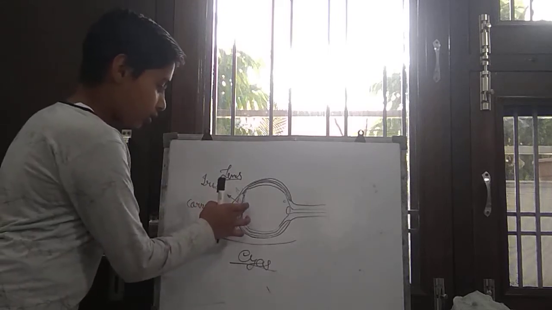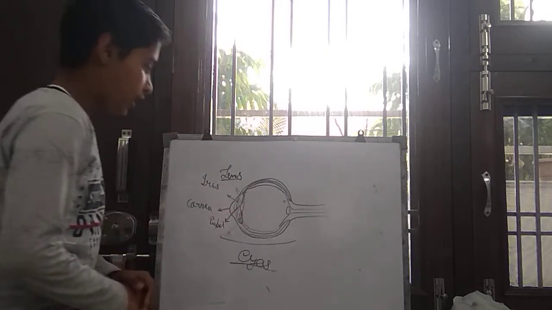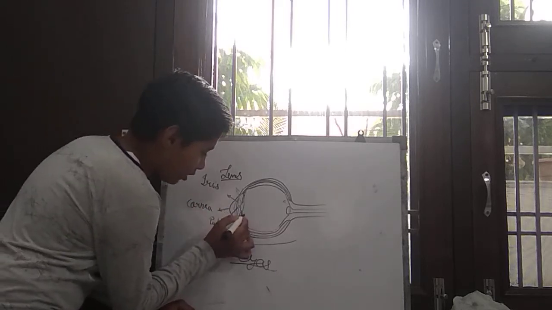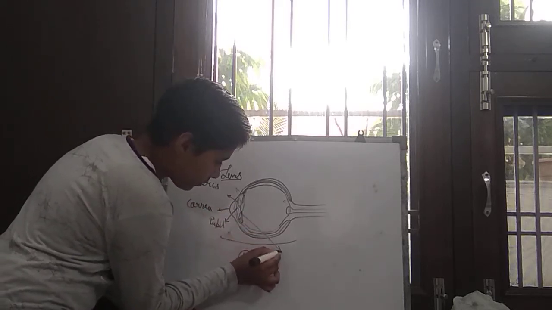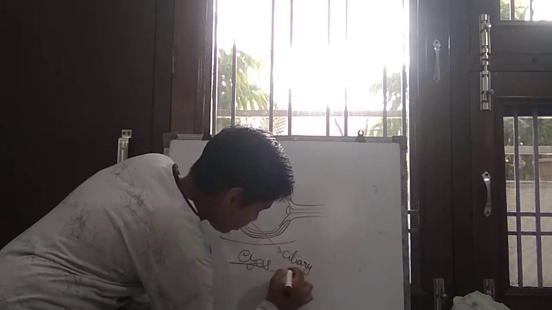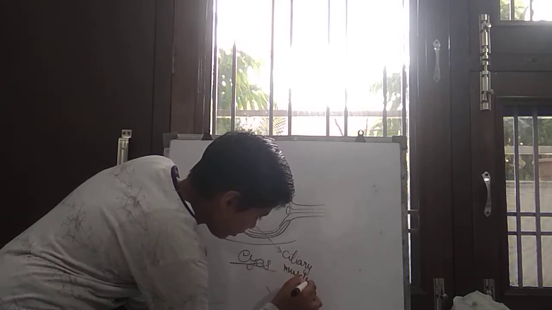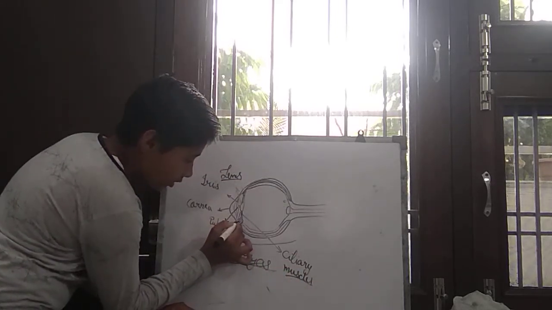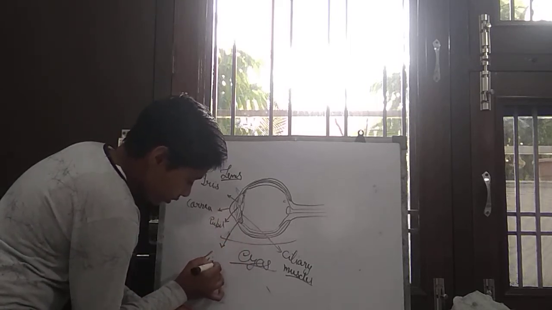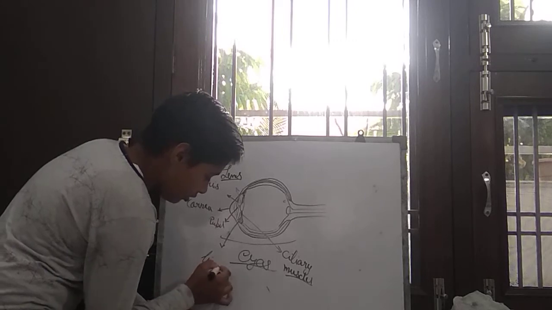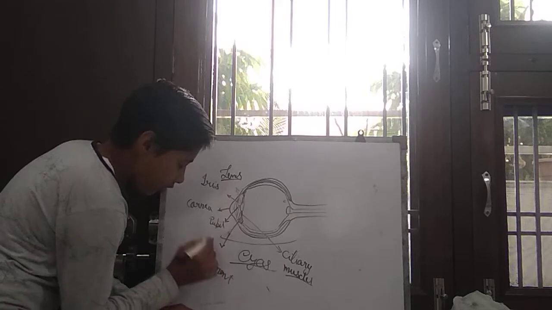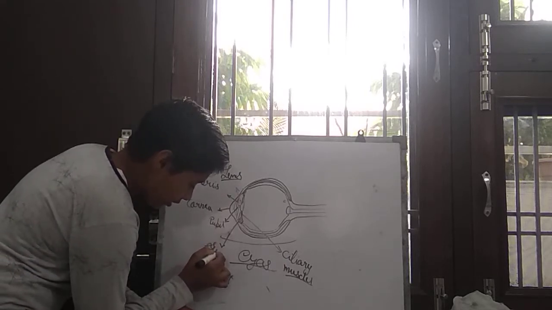But this is the convex lens, and friends, it is attached, or we can say it is connected, with the ciliary muscles. The ciliary muscles are also connected with the suspensory ligament.